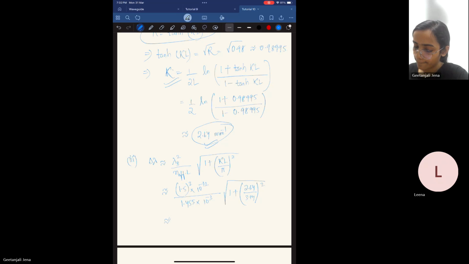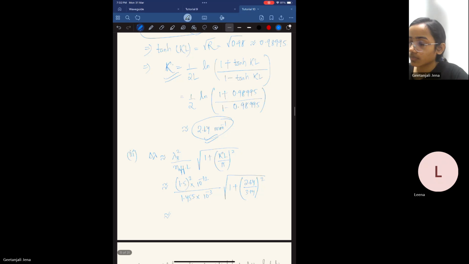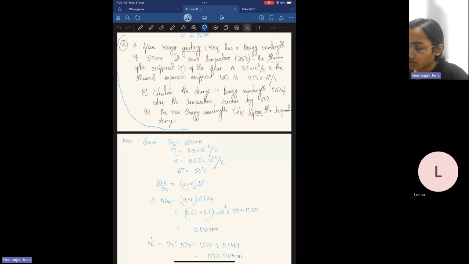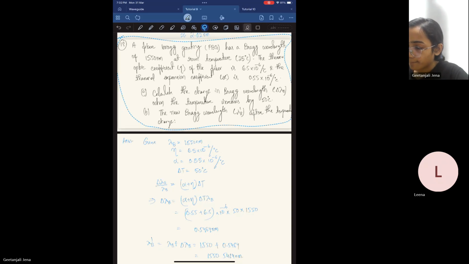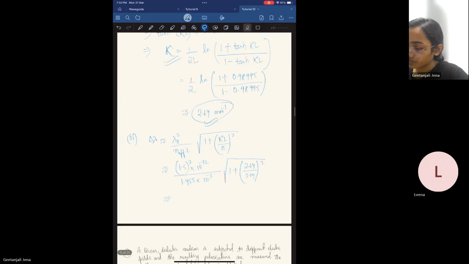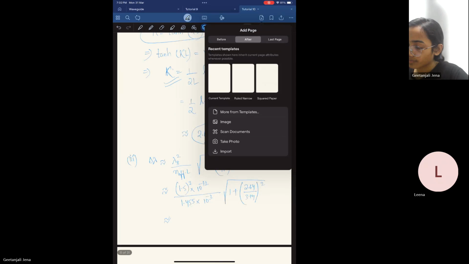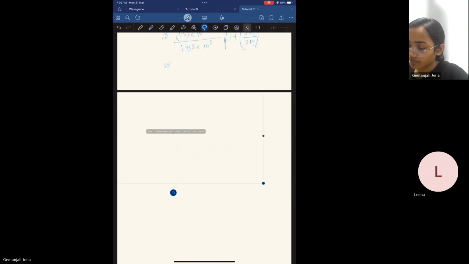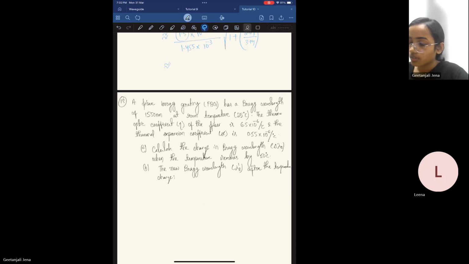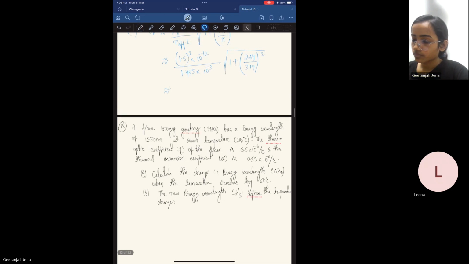So what is the value you are getting? We will get a value around 2 nanometer, or 2.02 nanometer to be specific.